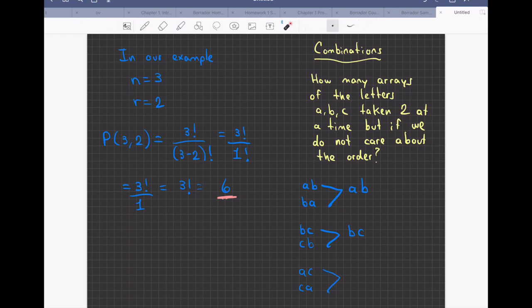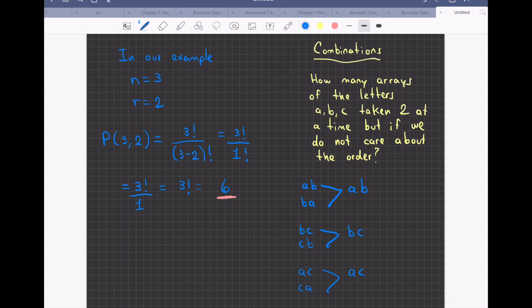Again, this is only one array with the elements A and C. I don't care about the order, so I choose a representative that can be AC. You see? So how many do I have? 3. When we don't care about the order, we call the permutations combinations.